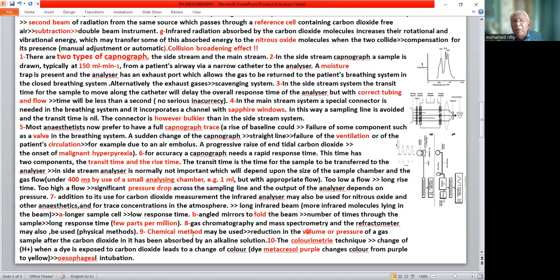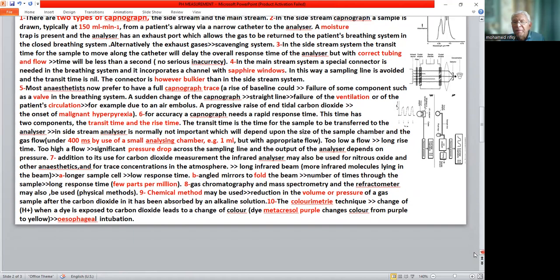You see, so this is called a chemical method, not the physical method. We have the colorimetric method, of course, as metacresol purple, which turns the color to yellow in the presence of carbon dioxide. So, of course, we can use it to differentiate accidental esophageal intubation. So this is a colorimetric method.